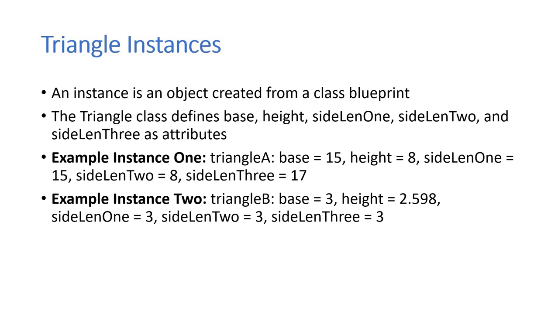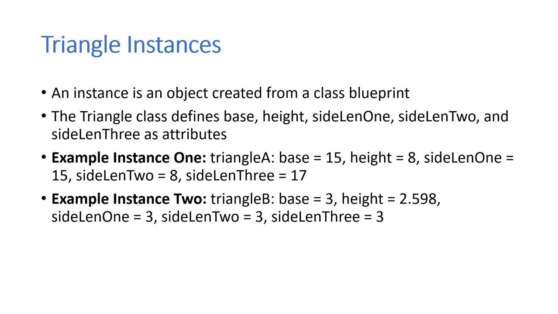Another instance of a triangle could have base 3, height 2.598, and side lengths 3, 3, and 3. From our single triangle class, we can create as many instances as we want, and each instance will have its own base, height, and side length attribute variables.